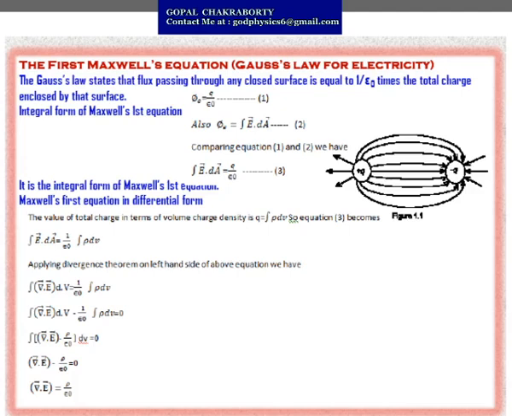So from there we get del dot E equals rho by epsilon naught, where E is the electric field, rho is the charge density, and epsilon naught is the permittivity of free space. In this way you can derive the first Maxwell's equation, which states Gauss's law for electrostatics.